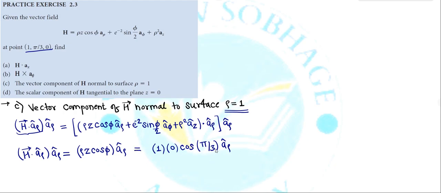Anything multiplied by 0 is 0, so that's why the vector h having dot product with respect to arrow, multiplied by arrow, is equal to what now? So that will be 0 times arrow. So this is the answer for part C of the numerical.